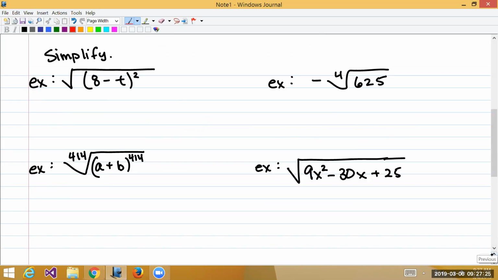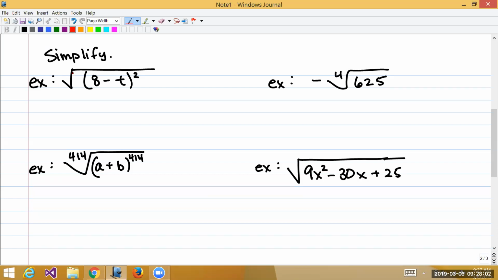Okay, we want to simplify each one of these expressions. So please keep in mind now, I'm hoping you've already gone over the section, when you're taking an even root of an expression and the final answer has an odd exponent, then it's necessary for us to use absolute value bars, because remember, when you're taking an even root, you have to look at the sign in front, and if there's nothing there, that means it's asking us for a positive answer, the principal root.